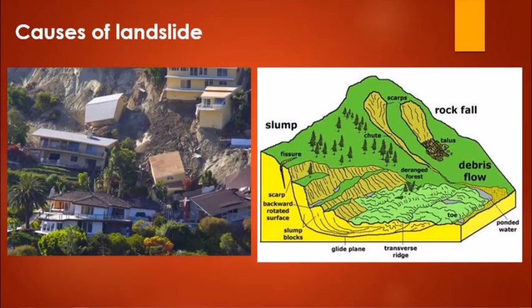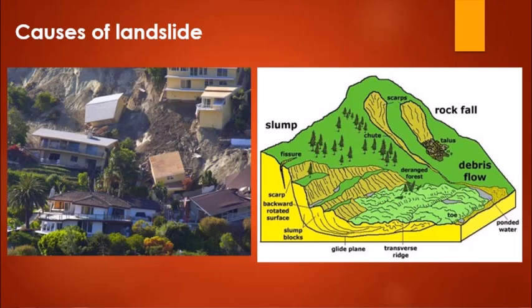Then what can be the causes of landslide? Firstly, there can be natural reasons, like natural disasters such as earthquake, tsunami, cloudburst, cyclone, floods. All of these natural disasters can cause landslides. Another reason can be human intervention in the natural area, like excessive deforestation.